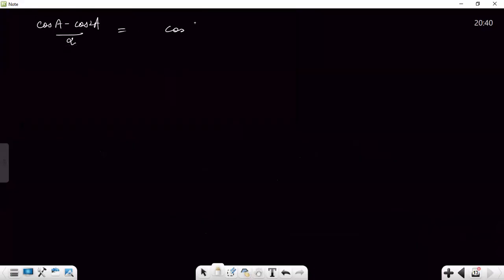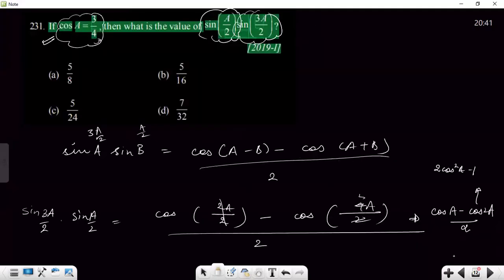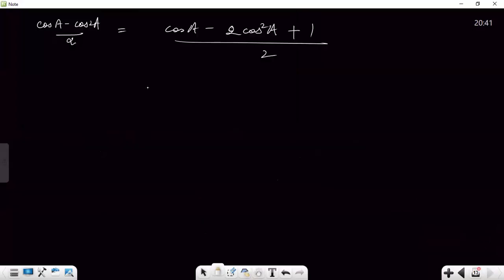This can be written as cosine of A minus 2 cos square A plus 1, divided by 2. Cos of A was 3 by 4. So 3 by 4 minus 2 into 3 by 4 whole square, so 9 by 16, plus 1, divided by 2.